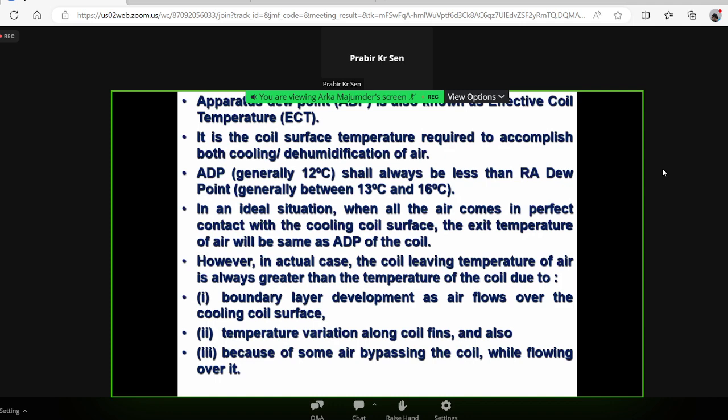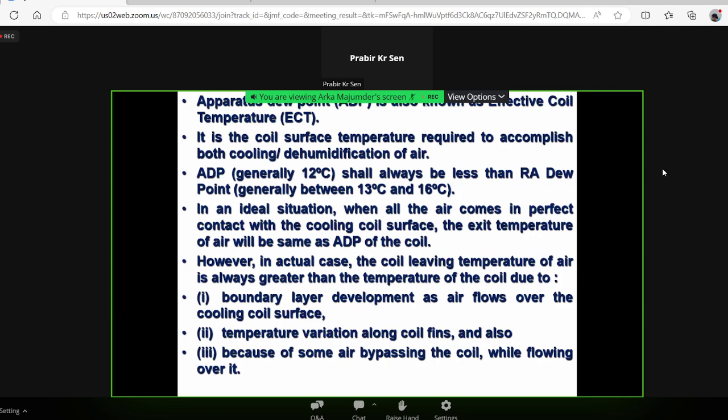We have tried to make the boundary layer turbulent by making little corrugation in the cooling coil surface, so that when air flows through the inter-fin passage, it bounces because of the corrugation in the fin surface.